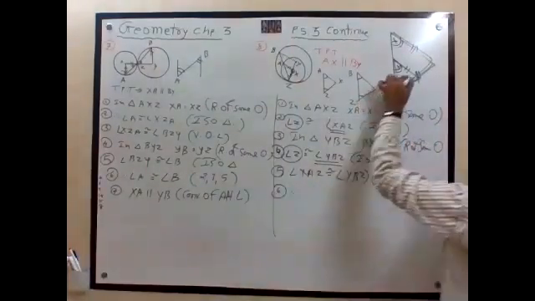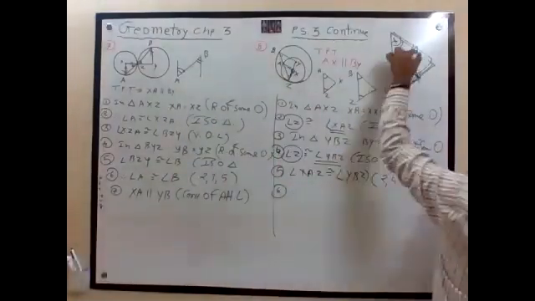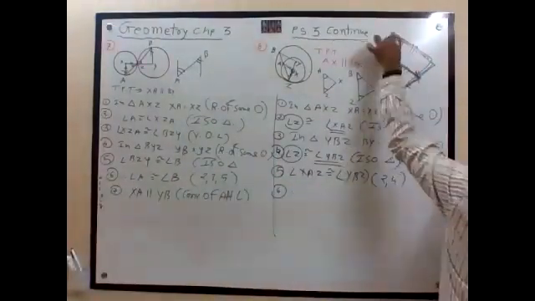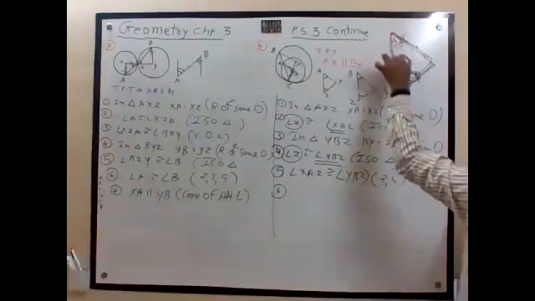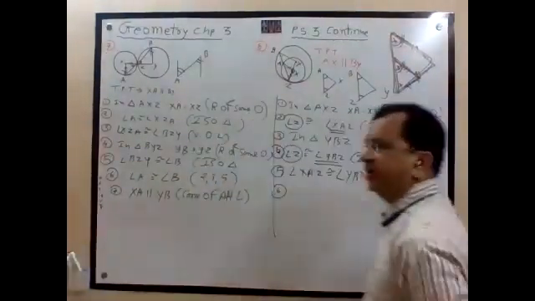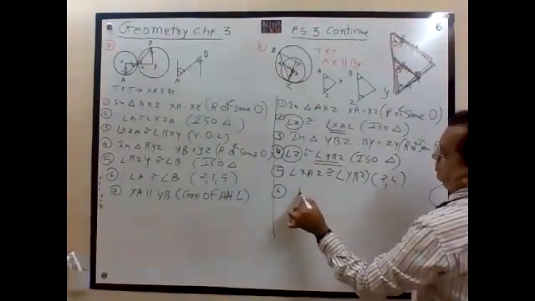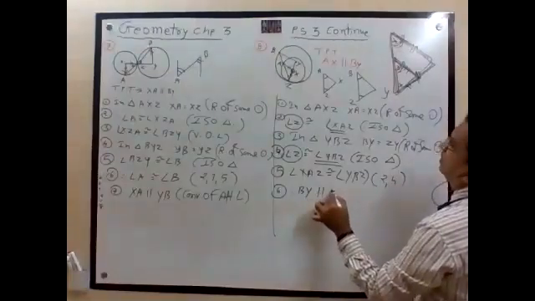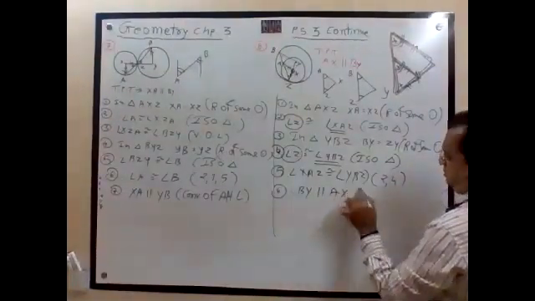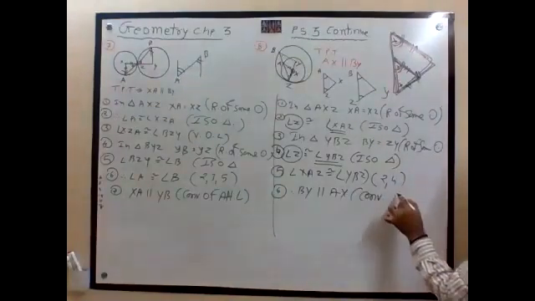Therefore, that you can see F. Now it is not alternate angle, it is corresponding angle. Therefore, BY parallel to AX. Converse of this is alternate, this is corresponding.